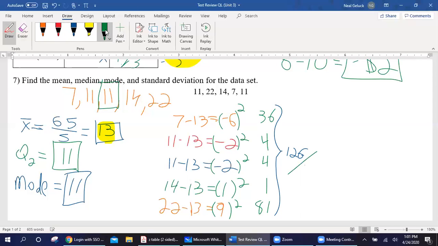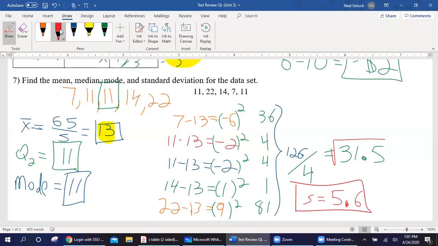So n minus 1 is 4. That gives me 31.5. And the last step is to take the square root of that. That will give me my standard deviation. I'm just going to round to 1 decimal. End up with 5.6.